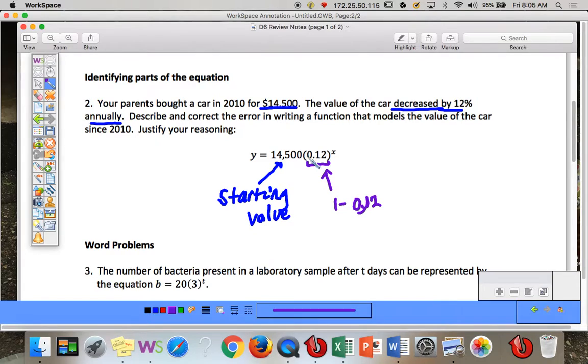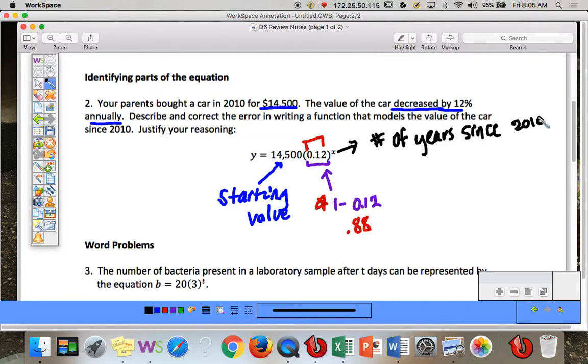What this is saying is your car is worth 12% of what it was the year before, but really, if we take 1 minus 0.12, this is saying our car is worth 88% of the year before, which makes more sense here. It's not going to be only worth 12% of the year before. So here's the error right here. It should be 1 minus 0.12. X would be the number of years since 2010, since you bought the car. Okay, so here's the error.